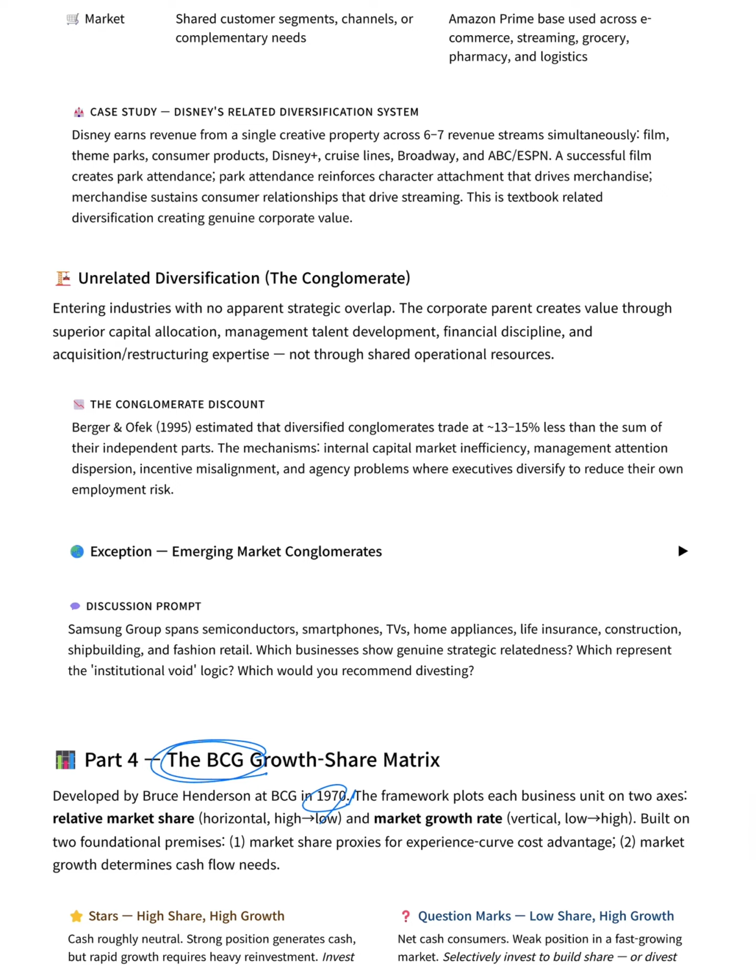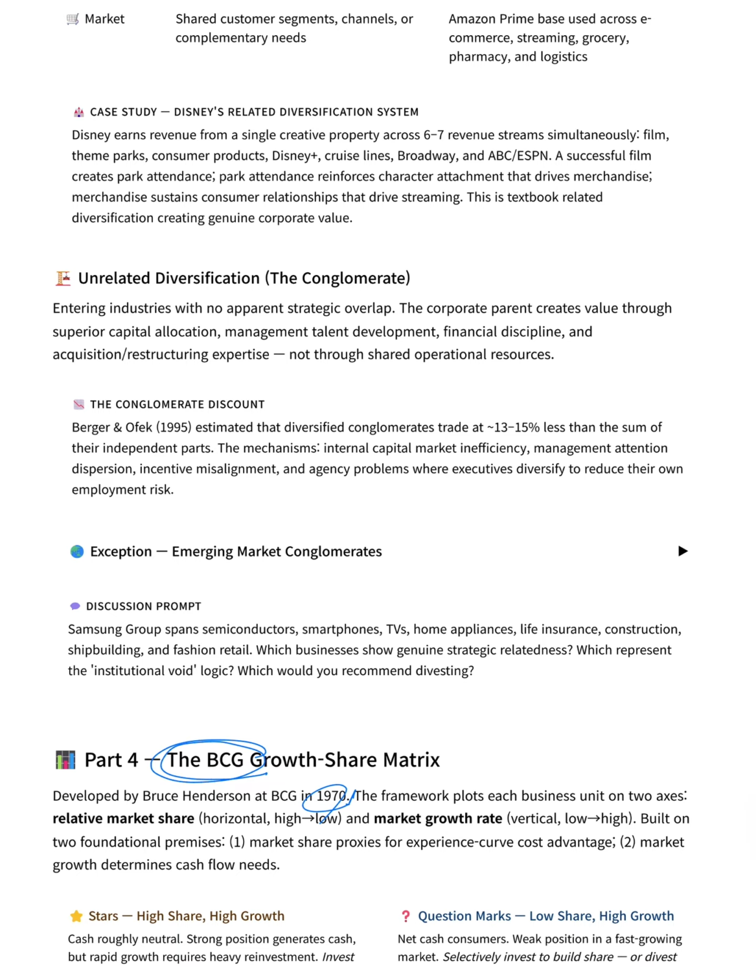Corporate headquarters was flying blind, armed with financial reporting but lacking any strategic framework for evaluating the relative competitive positions and growth potential of their diverse holdings.